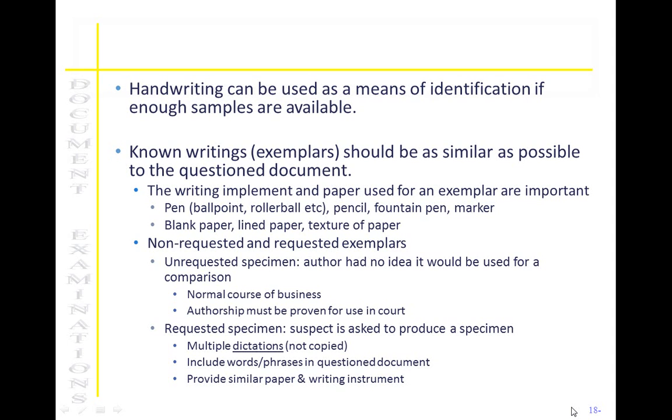A requested exemplar is going to be one where you're specifically going to ask the person to write certain words or certain phrases, but this may cause them to make slight changes to their natural handwriting. So that's why it's necessary to get the requested specimens and then, if possible, also unrequested specimens.